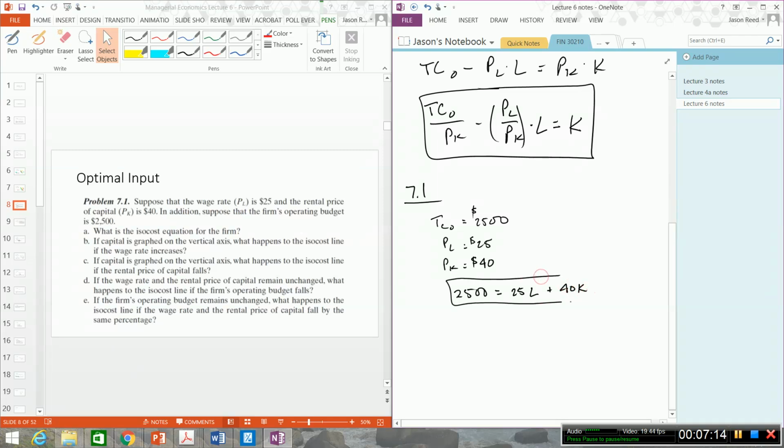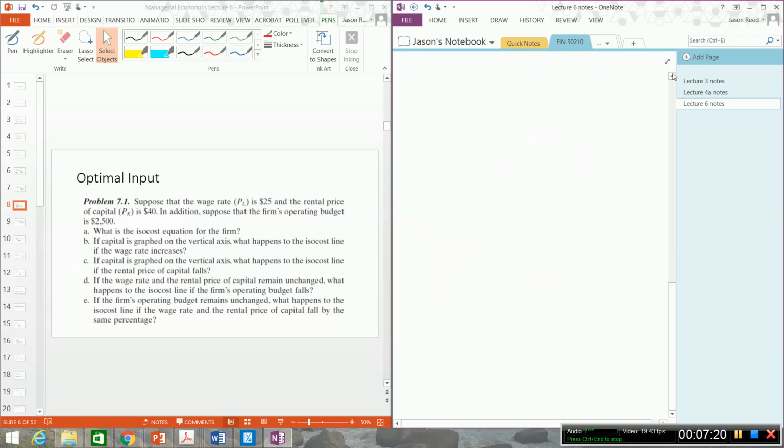So here is a good isocost line for this problem, and we can essentially solve for K or L depending on what we need to do here. So what is the isocost equation for the firm? Well, let's get something in terms of K here. So we have 2,500 minus 40K is equal to 25L.